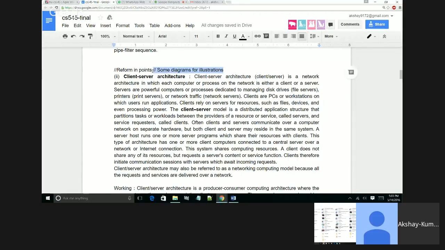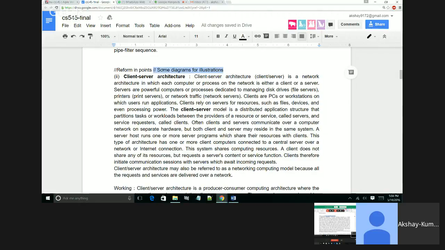Secondly, if you can find an image or diagram to show the working of the architecture, that would be fine. So you should do these two things.